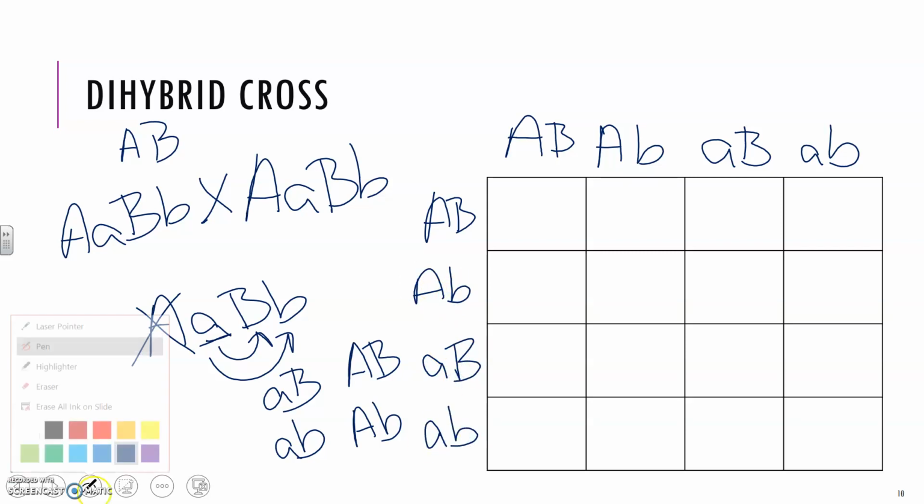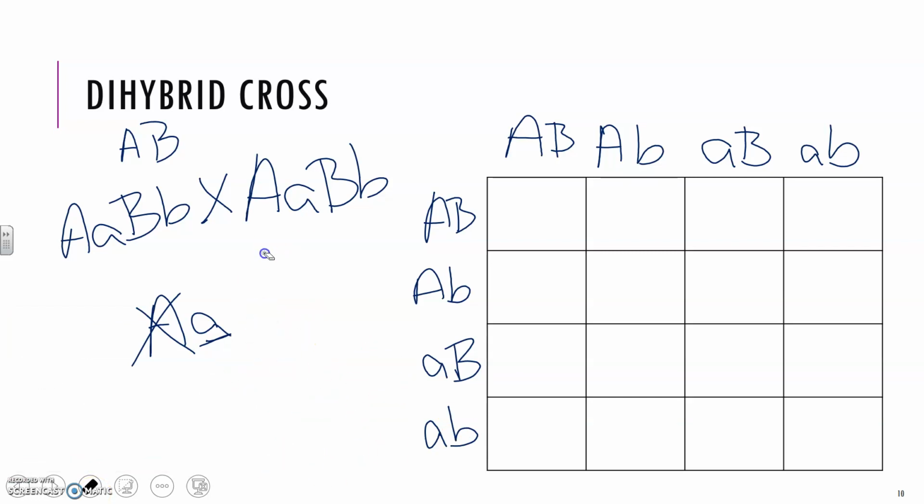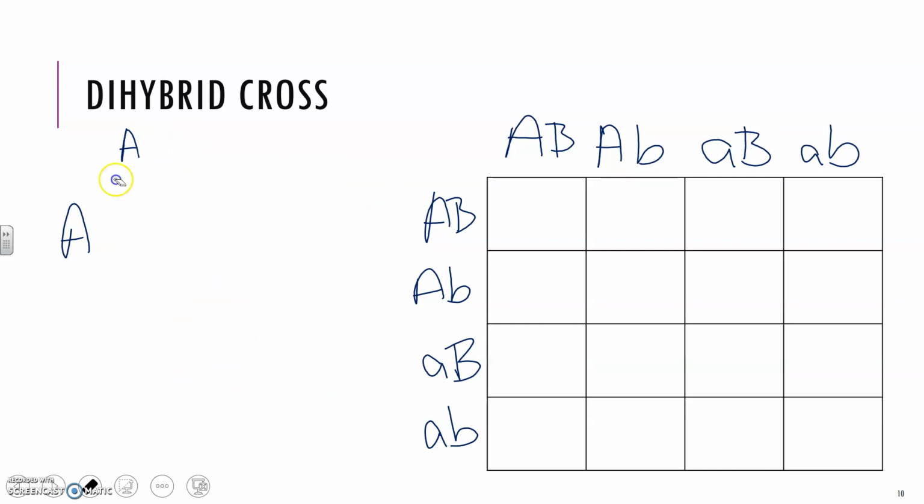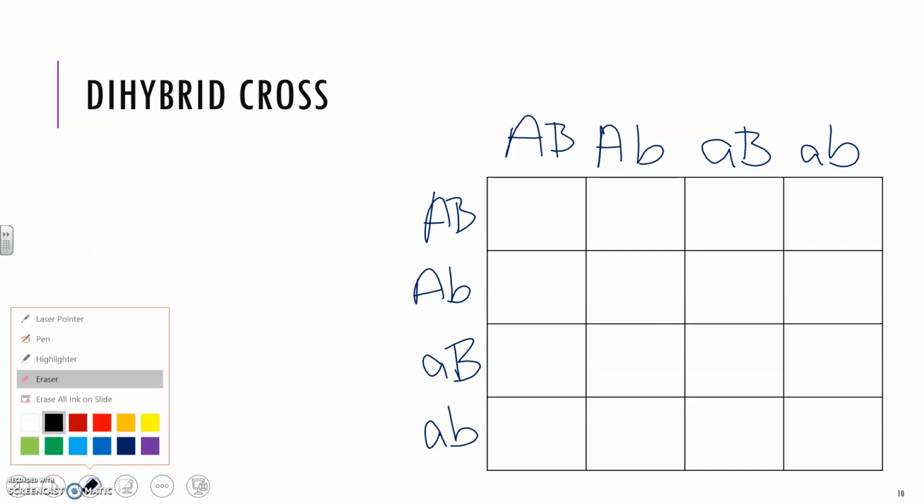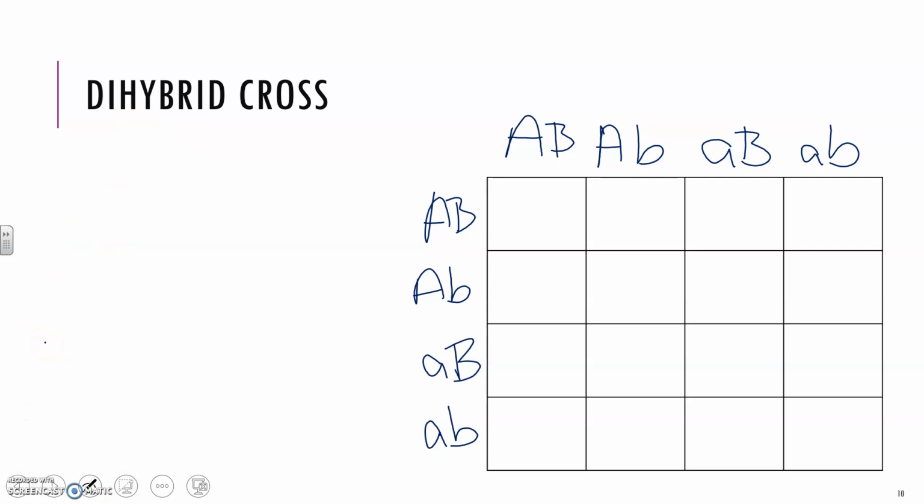Now I'm going to go ahead and erase all of this on the sides so we can just look at our Punnett square, our dihybrid cross. Again, you want to start with your dominant alleles, and you really want to start with one allele at a time. So let's figure out our A's.